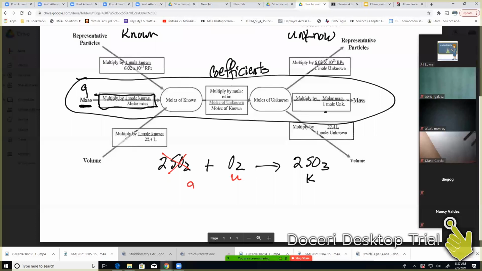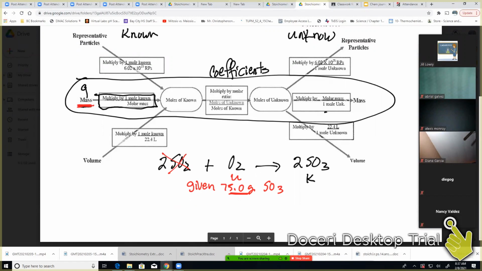And my given was that I had, bless you. Too many notes going around over here. My given was that I had 75 grams of my sulfur trioxide. Okay. So my given is in grams, so that tells me I'm going to have to start right here.